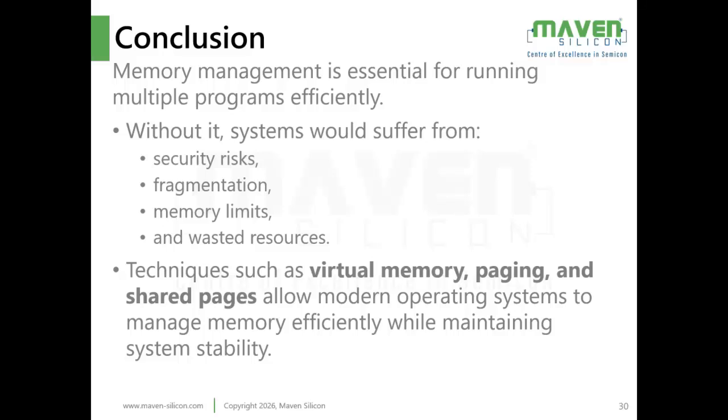To solve these problems, modern operating systems introduce the concept of virtual memory. Virtual memory provides an abstraction layer that separates programs from physical RAM. Using mechanisms such as paging, page tables, and the memory management unit, the operating system can efficiently map virtual addresses to the physical memory. This allows memory to be allocated flexibly, improves system security, and ensures programs can run even when the system does not have enough physical RAM.